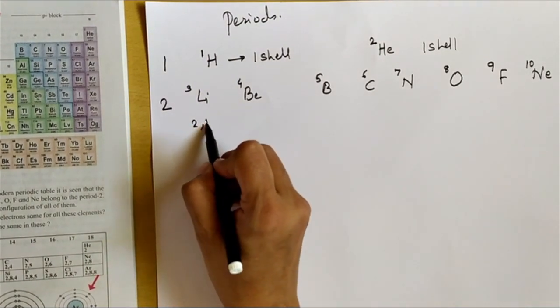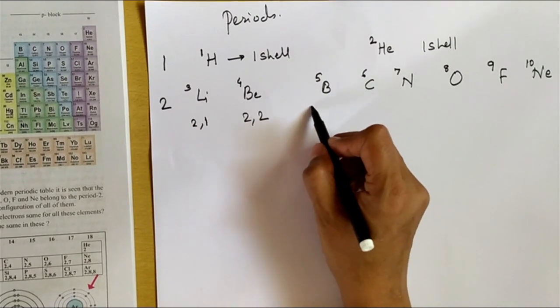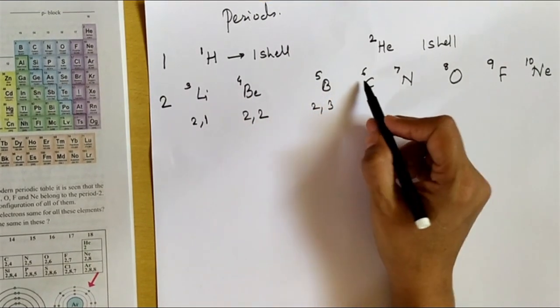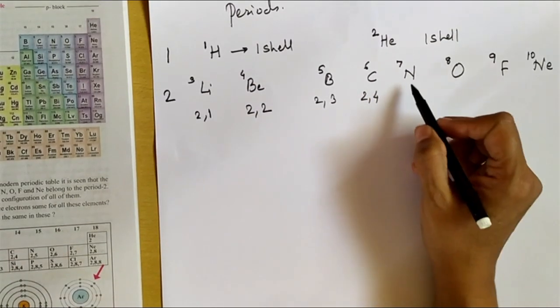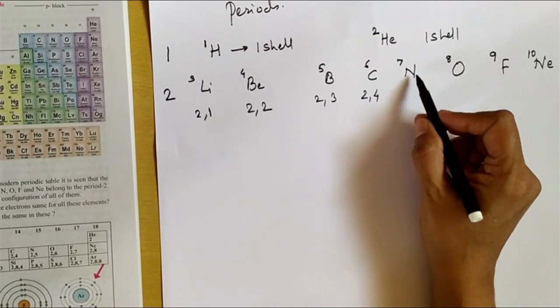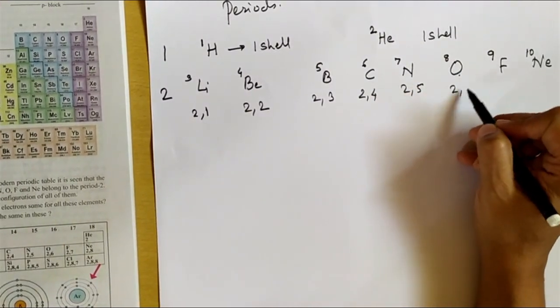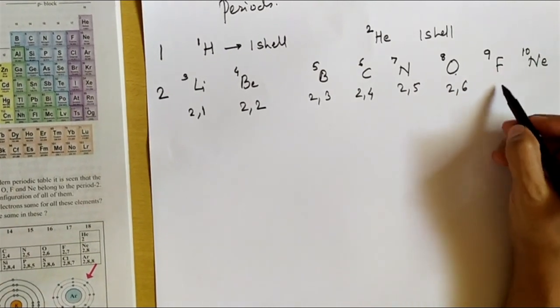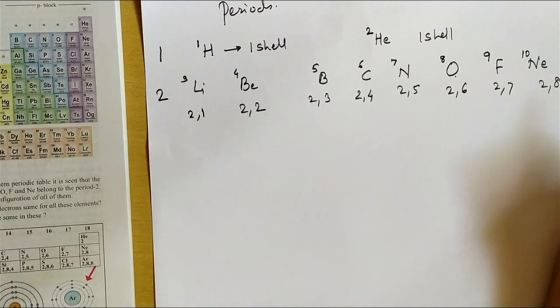Lithium 2,1, beryllium 2,2, boron 2,3. How are the 6 electrons in carbon distributed? 2,4. First shell 2 electrons, 4 electrons in the second shell. Nitrogen 2,5, oxygen 2,6, fluorine 2,7, and neon 2,8.